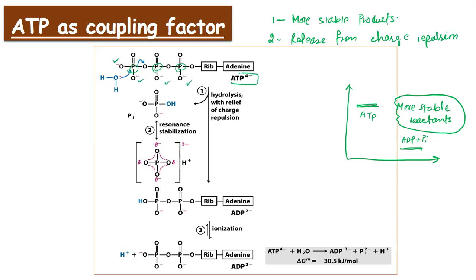ATP 4 minus. And these similar charges repel each other, they create a charge repulsion on the structure of ATP. So once a nucleophile attacks, for example, the terminal phosphate, ATP will break its bond with the rest of the structure, ADP, and this phosphate will make the bond with the nucleophile.